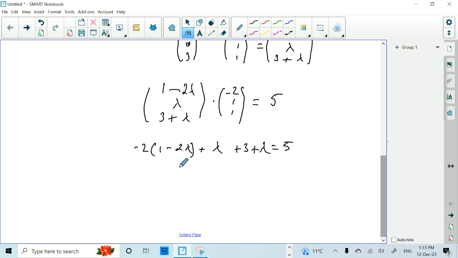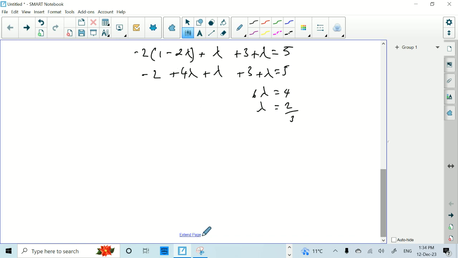Well, that gives me minus 2 plus 4 lambda, plus lambda, plus 3 plus lambda is equal to 5, and that gives me 6 lambda is equal to 4. So lambda is equal to 2/3. So we're getting there.